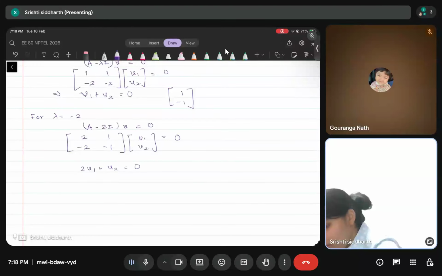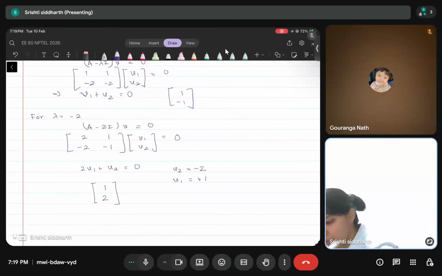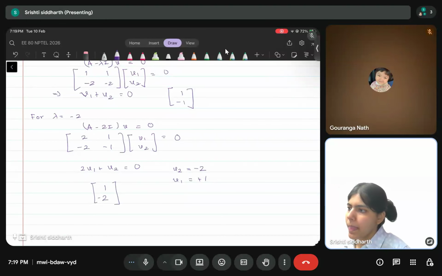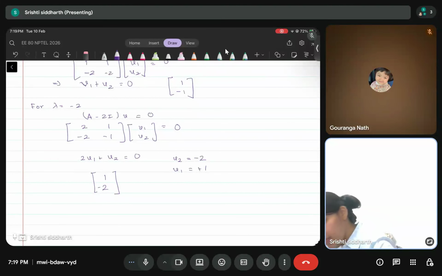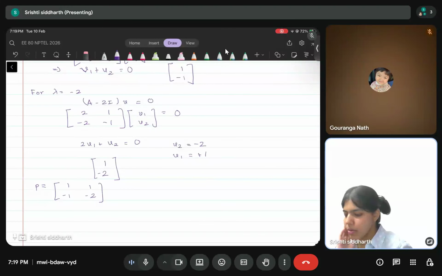So if we choose v1 to be 1, then v2 would be minus 2. There are infinite choices for v1 and v2; we can select any number. So this is 1, minus 2. So matrix P is [1, 1; minus 1, minus 2]. We choose these columns so that we can take the inverse of this matrix.